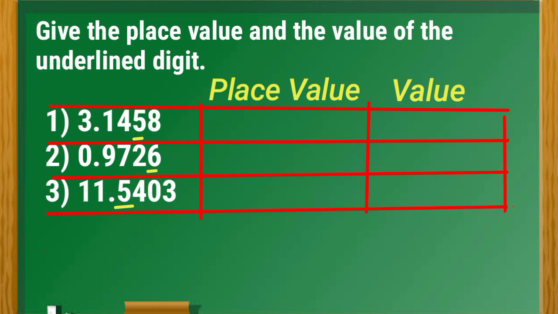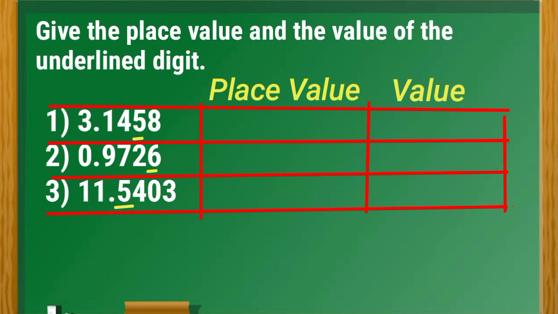Let's have number 1. 3.1458, or can be read as 3 and 1,458 10,000ths. The underlined digit here is 5. Now, what do you think is the place value of digit 5? And what is the value?